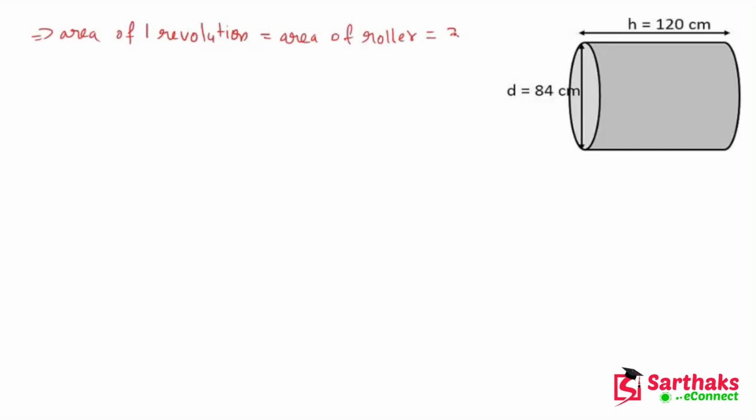It means after one revolution it covers an area equal to one roller. So this is equal to 31,680 centimeter square. Got it?